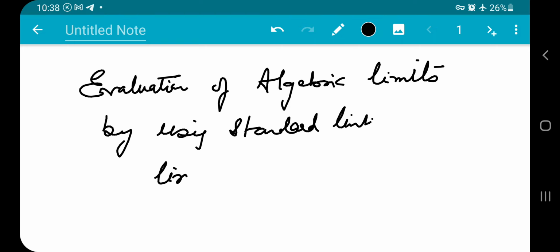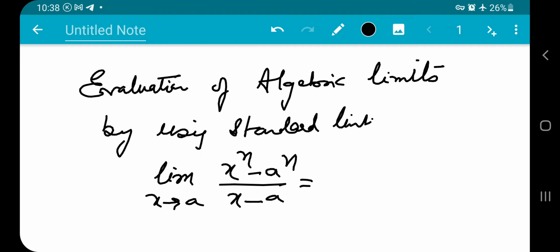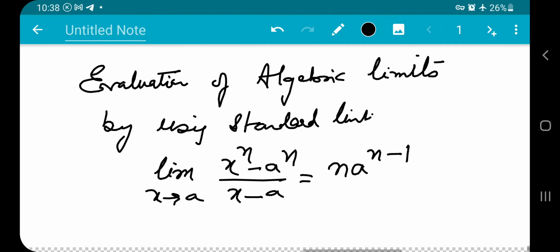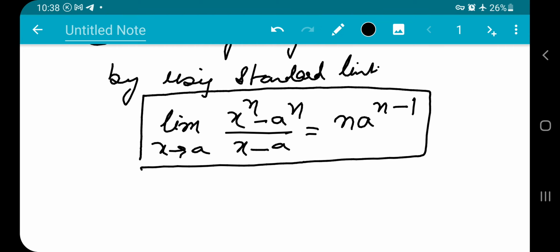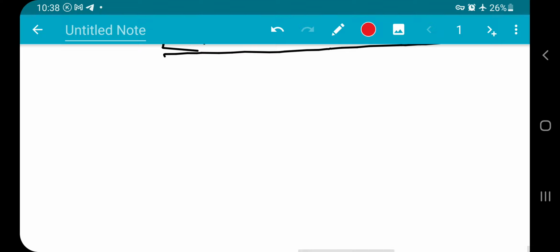So if there is any form like this one, x to the power n minus a to the power n by x minus a, then the formula is n a to the power n minus 1. So for a limit of this form we will use directly the standard formula. So let us take one sum and explain it properly.